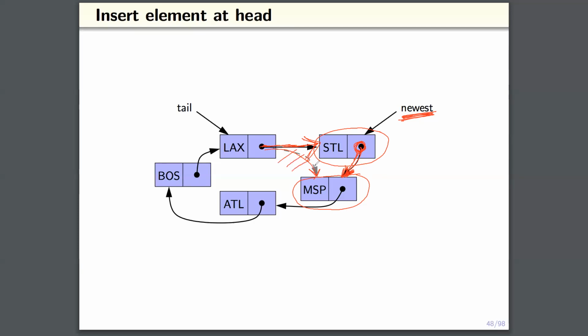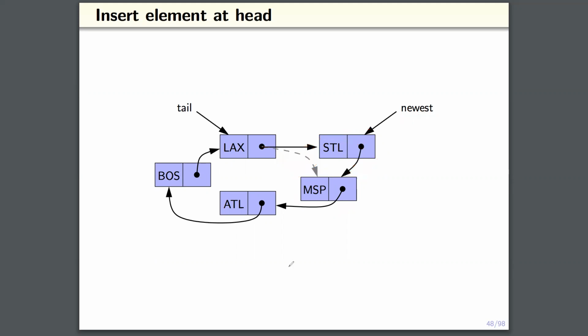We are removing this link and giving it like this. So instead of this one link, we have two links, this link and this link. Done. Does this make sense? Inserting a node at the head position in a circularly linked list.